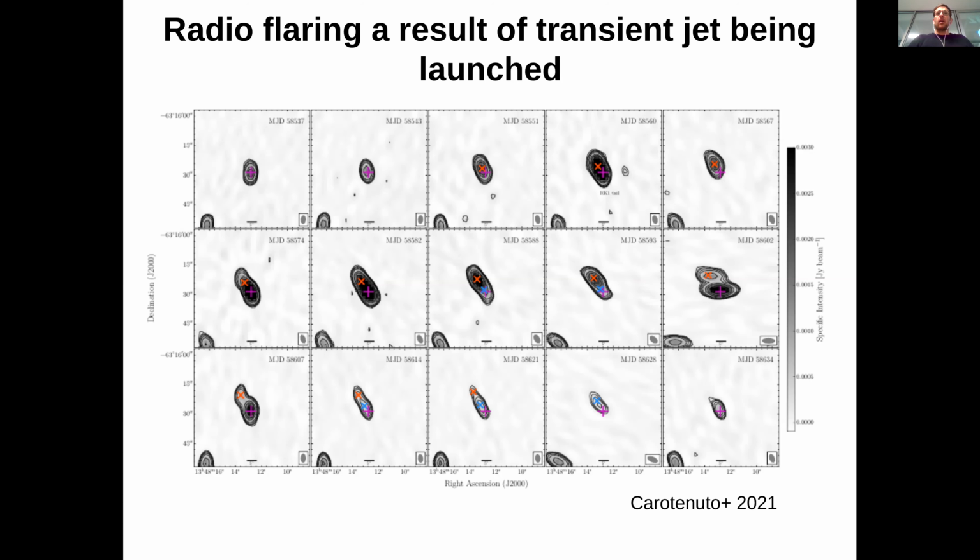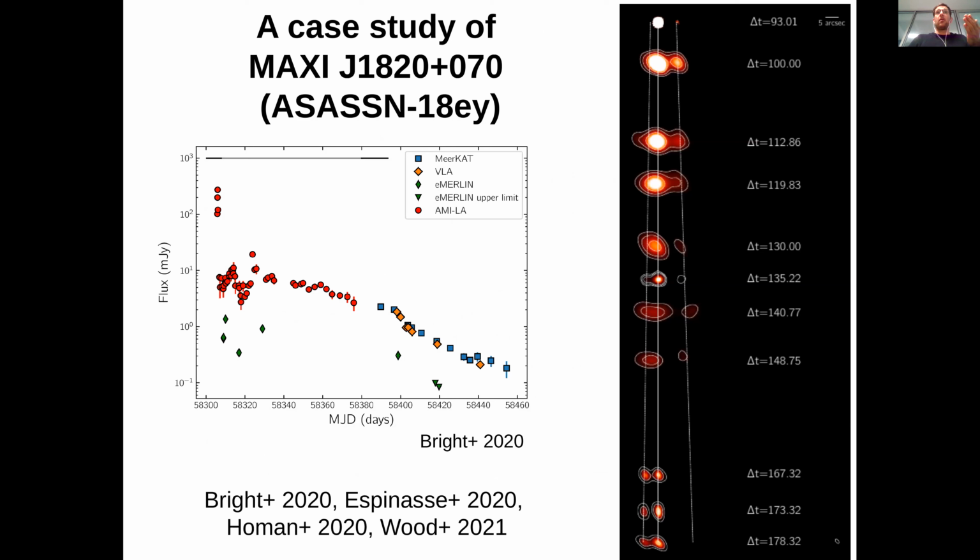So now I'm going to focus the next few slides on the 2018 outburst of Maxi J1820+070, where I'm mostly going to be discussing some fantastic work led by Joe Bright, Matilda Espinasse, Jeroen Homan, and Callum Wood in particular.